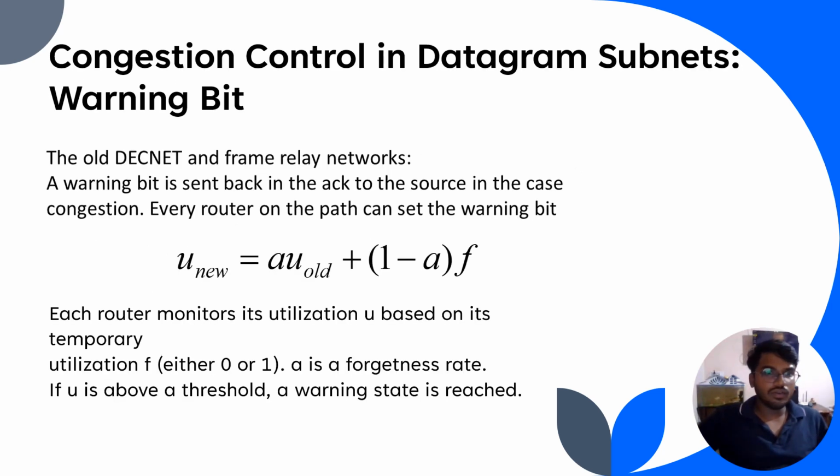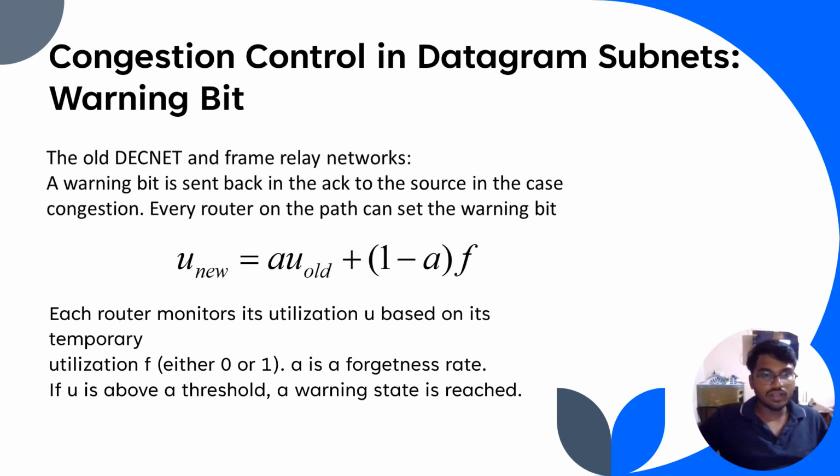In this slide, we're going to see about congestion control in datagram subnets, warning bit. In DECNET and frame relay networks, a warning bit is sent back in the ACK to the source in the case of congestion. Every router on the path can set the warning bit.